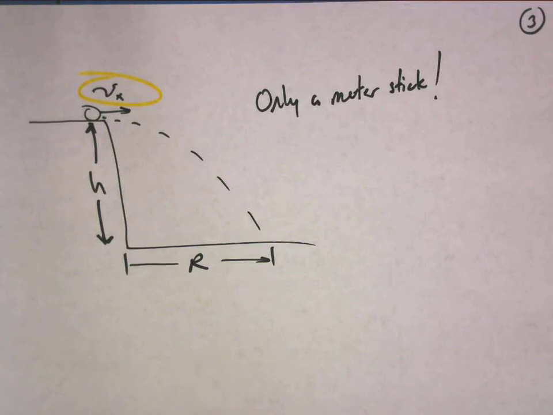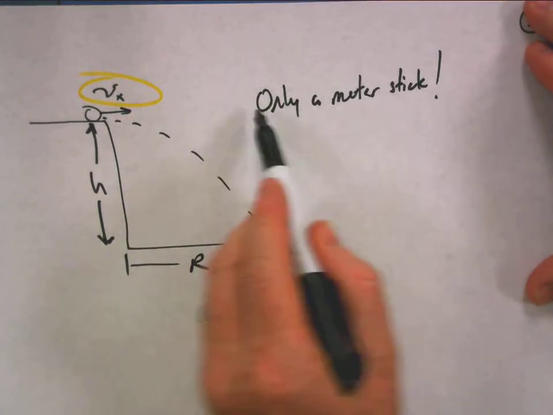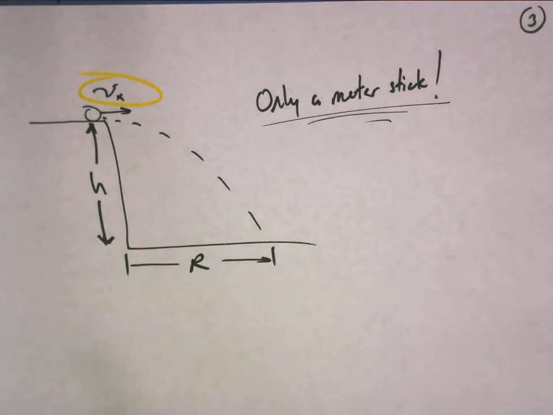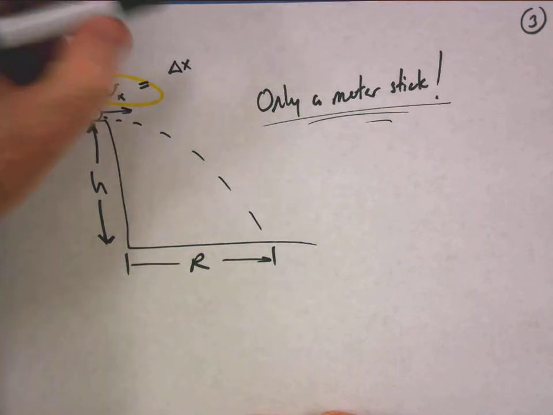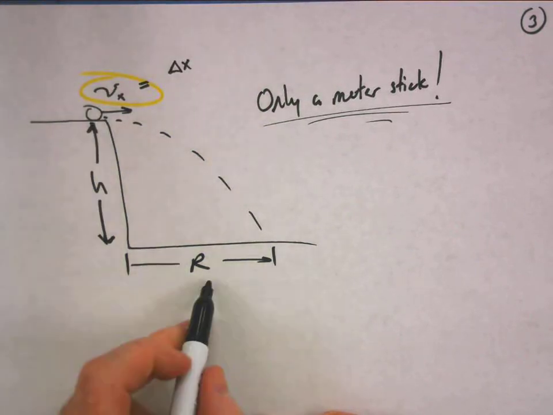Well, I don't know. I want you to think about this. I'm not going to tell you the answer, but this is something I want you to consider. Look at the situation, because you know for this velocity you're going to need what? You're going to need this horizontal change in position, which is basically your range.